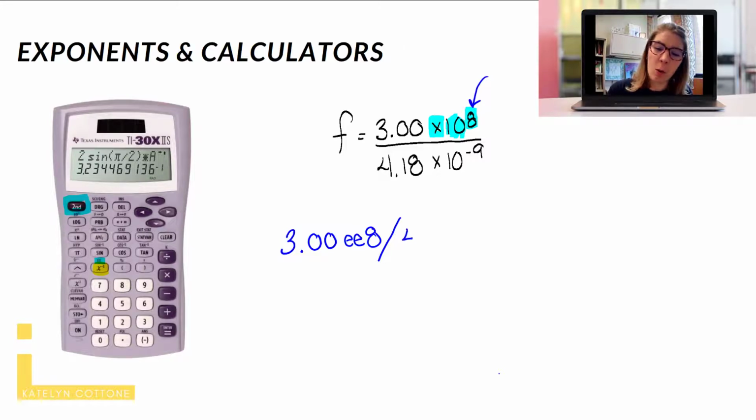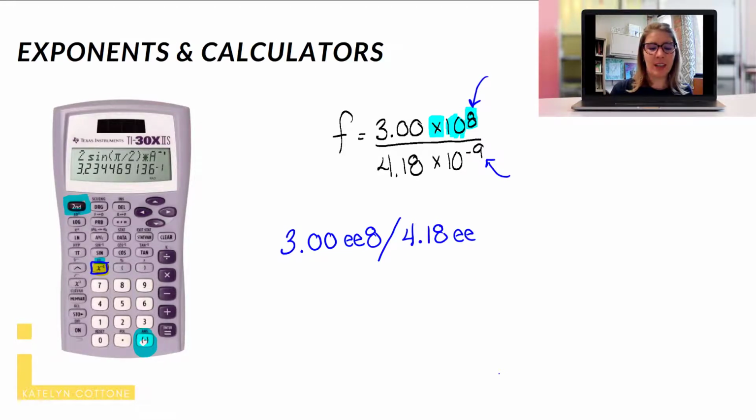We type in 4, the decimal, the 1, the 8, and then we hit second to activate the x to the -1 button. That gets us our EE. In this case, because we have a -9 exponent, we need to put in the negative symbol, which on this calculator is in the bottom right-hand corner.